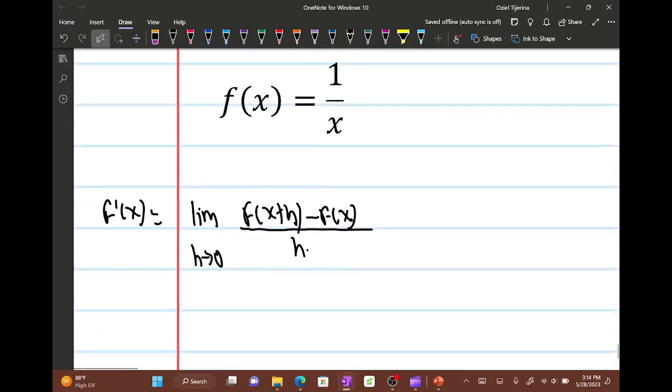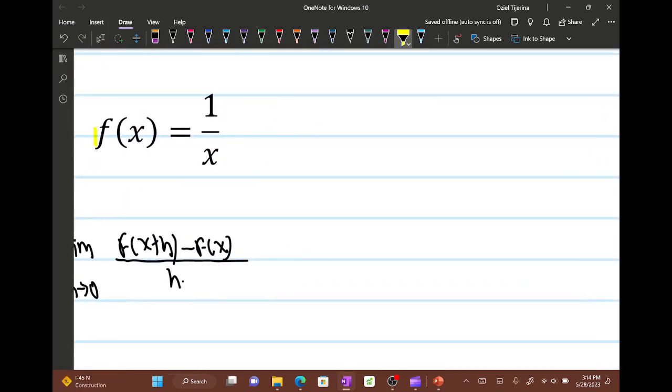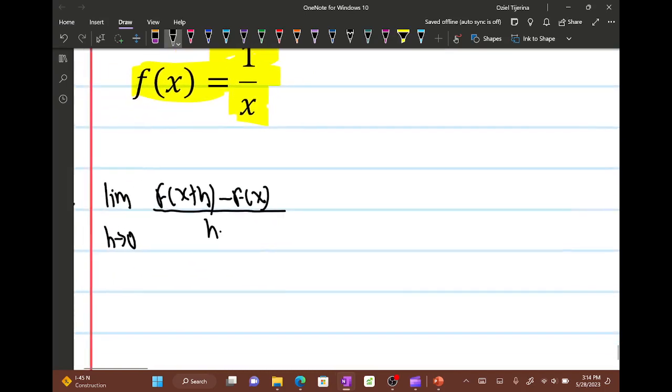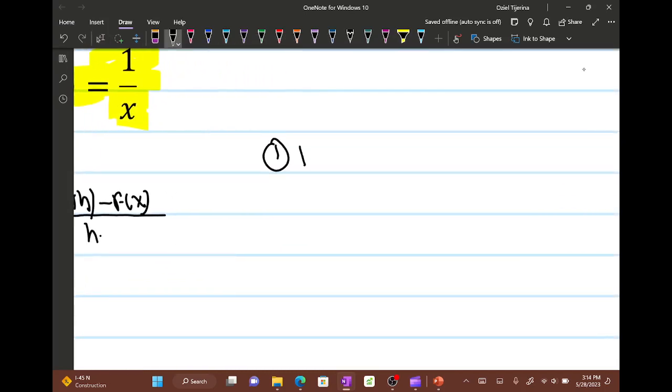We're going to treat this just like we did with the difference quotient. The first thing I'm going to do is find f of x plus h. So number one, find f of x plus h.